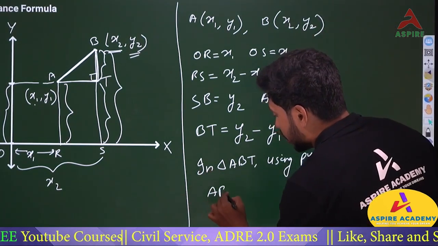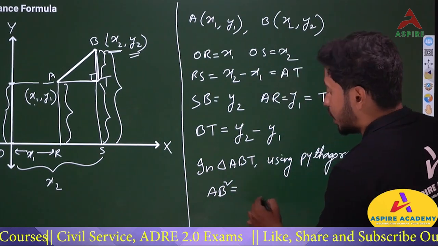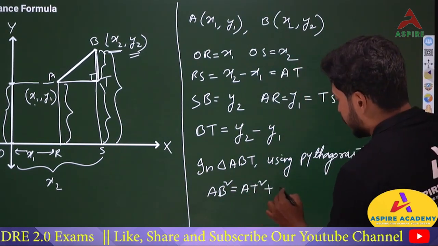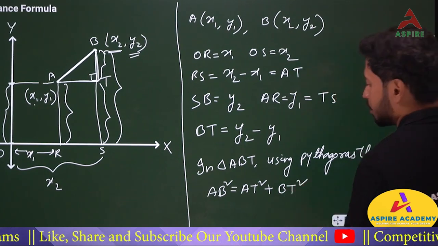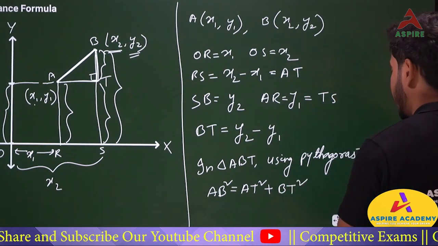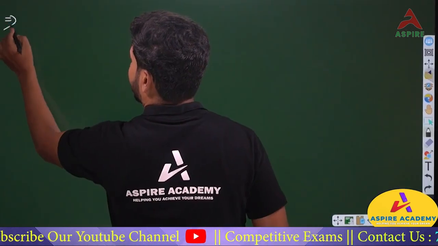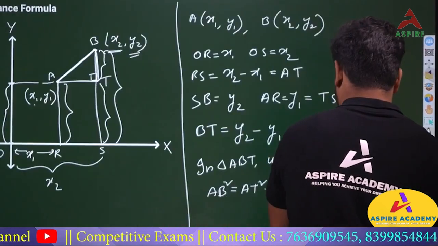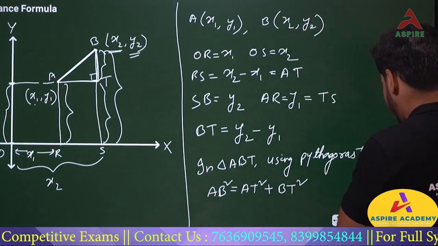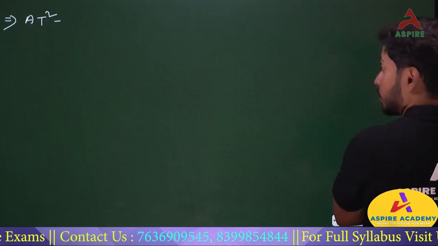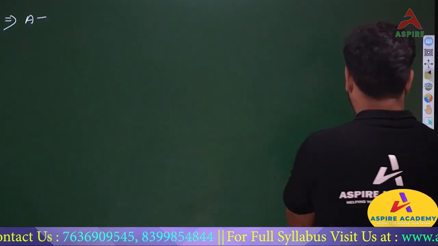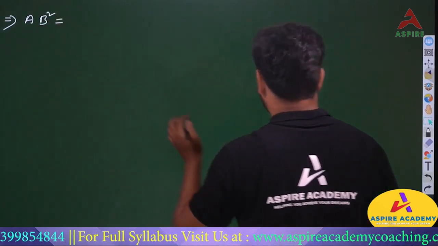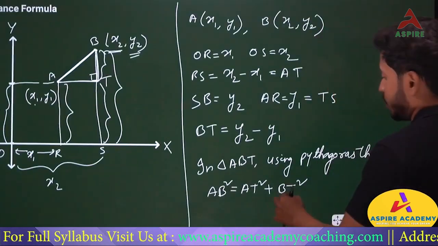AB square equals what? AT square plus BT square, right? So AB square equals AT square plus BT square.